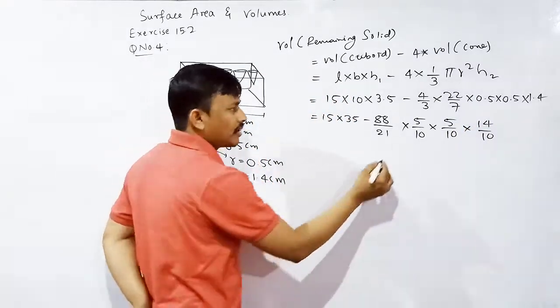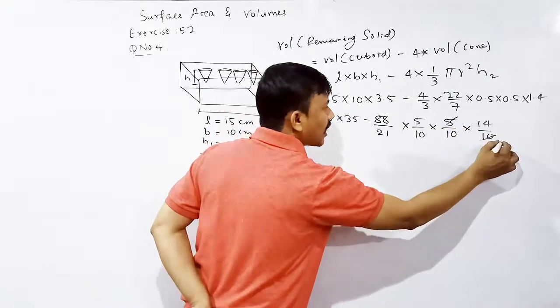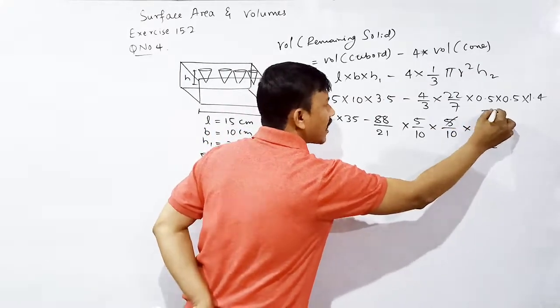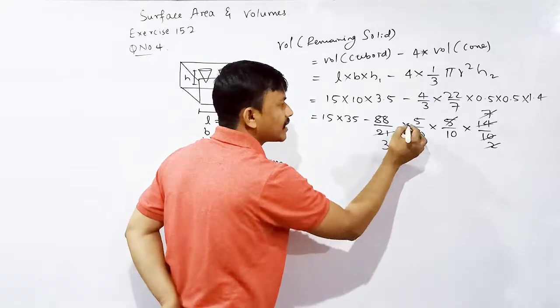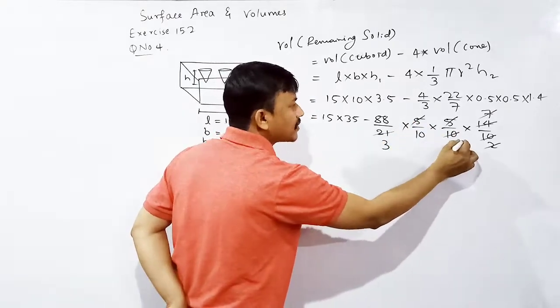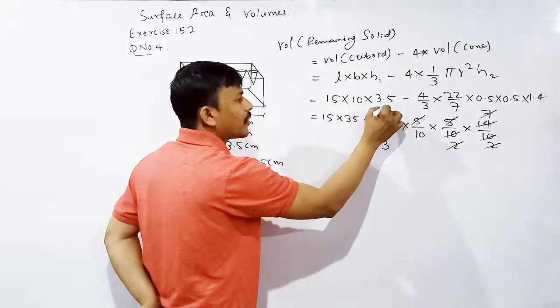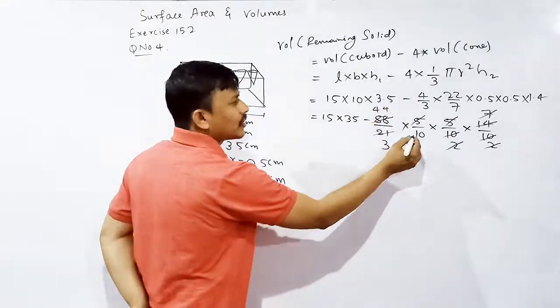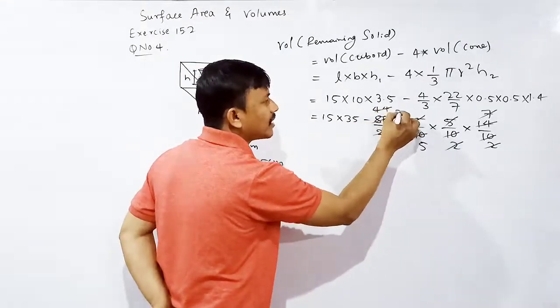Correct? 5 ones are 5, 2s are 2, 1s are 2, 7s are 7, 1s are 7, 3s are, 5 ones are 5, 2s are 2, 1s are 2, 44s are. Next, 2 fives are, 2 22s are.